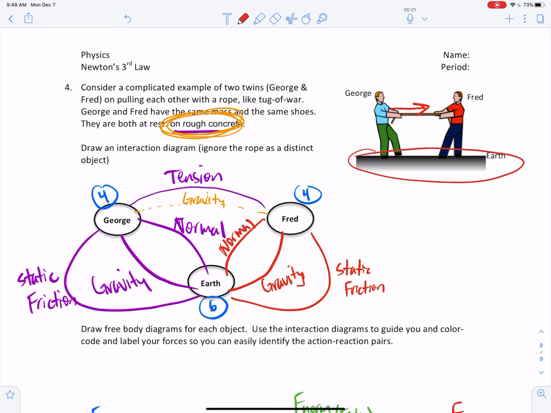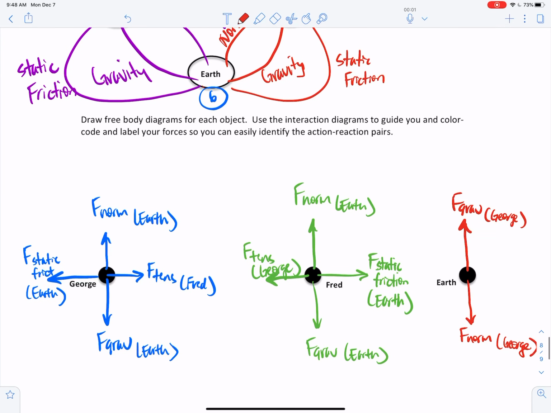And so you would feel a pull from George's feet scraping across the surface of the Earth right here. George's feet also are going to go this way. So we've got to the right static friction. And that is now from George.